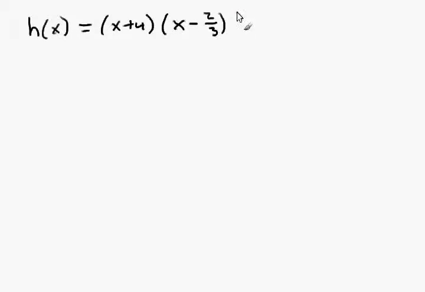Let's take another look at this. So we'll take h of x, say, and we'll have h of x be x plus 4 times the quantity x minus 2/3 times the quantity x plus 11. Since this is expressed purely as a product, we can go ahead and find the roots just by solving each factor for 0.